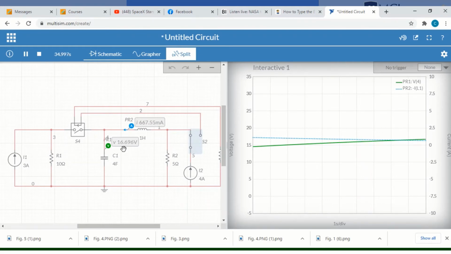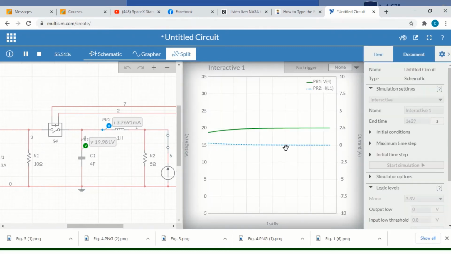So we can also see it here. The voltage in the capacitor is now 16.9 volts, while the current to the inductor is decreasing, and it's now around 500 milliamperes.